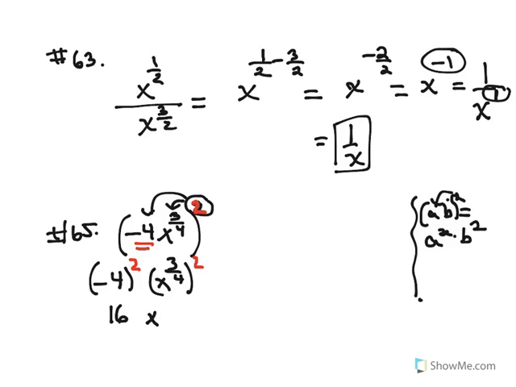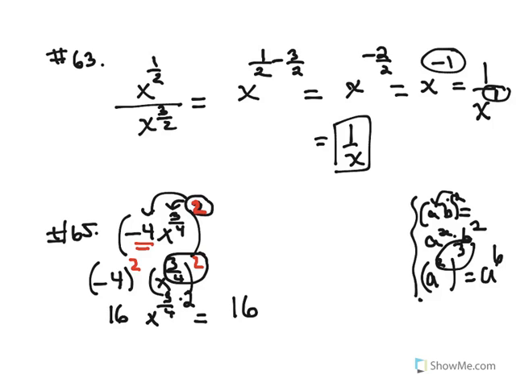And x to the 3/4, now we're going to have to multiply these two numbers. Remember that if you have a to the second to the third, you multiply the 2 times the 3, and that gives you a to the 6. So that will be 3/4 times 2, right? So that will be 16x to the 3/2.